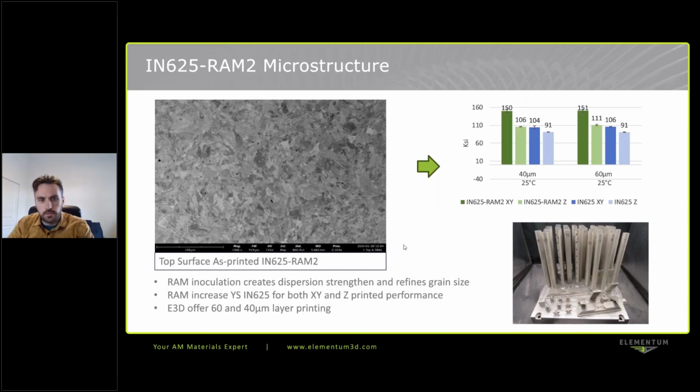All right, thank you. And then our workhorse nickel super alloy that we've been offering for the longest time has been Elementum's RAM 625, Inconel 625 RAM 2, and we offer it in 40 and 60 microns. We've been able to improve strength from standard Inconel 625.